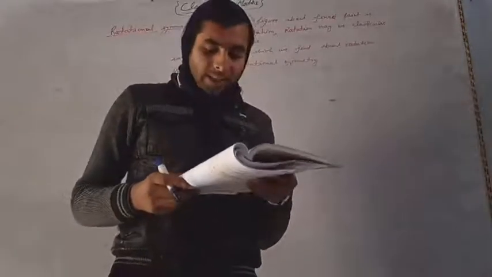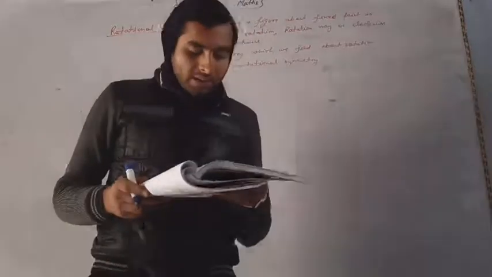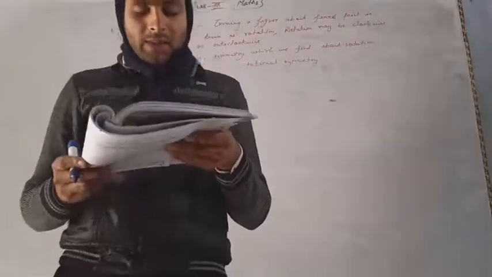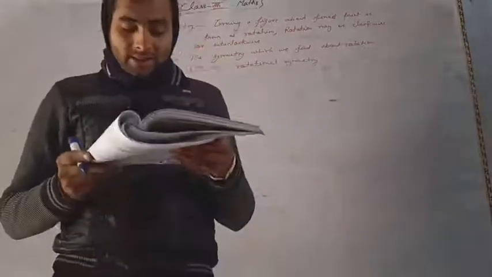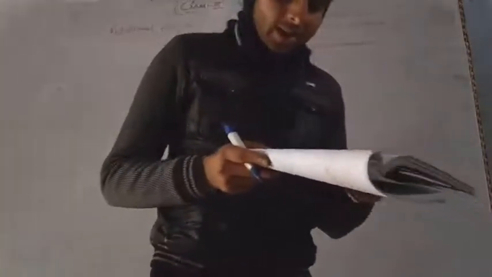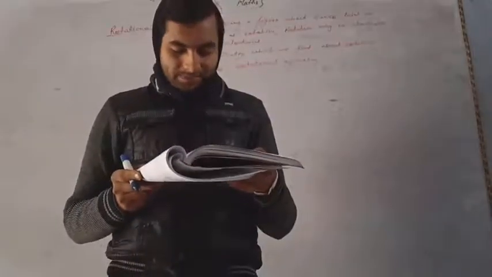And now, what is a complete rotation? An object is said to take one complete rotation when it takes a full turn of rotation of 360 degrees.